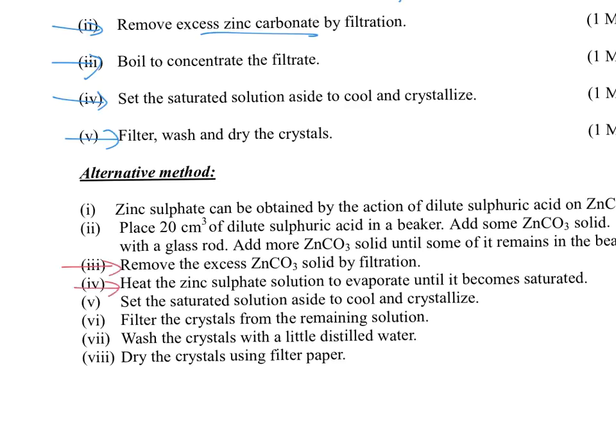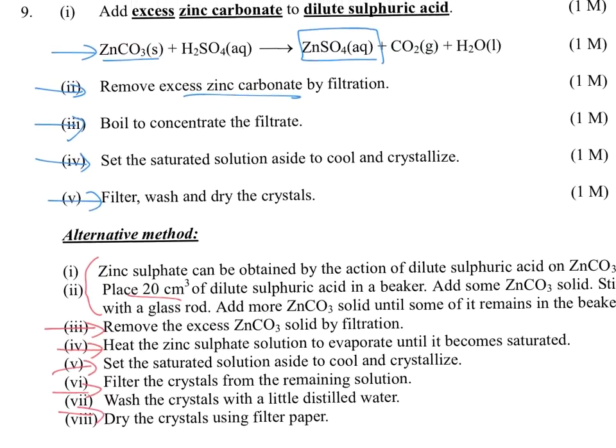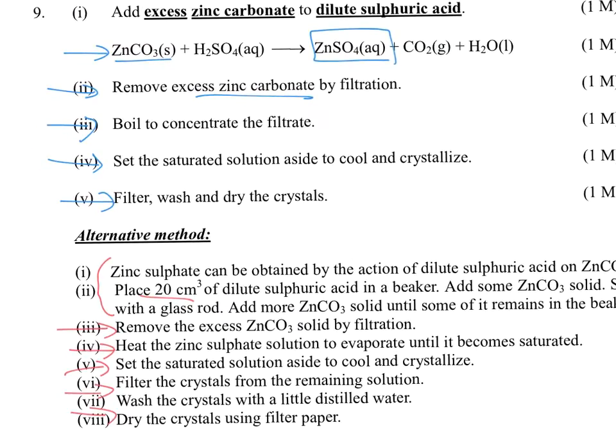Remove and then heat it up and then crystallization and then filter, crystal, wash and dry. Exactly the same, but we use wording instead of an equation. It gives you a volume of acid, something like that. So I give you some time to copy. Maybe you have this one is better.